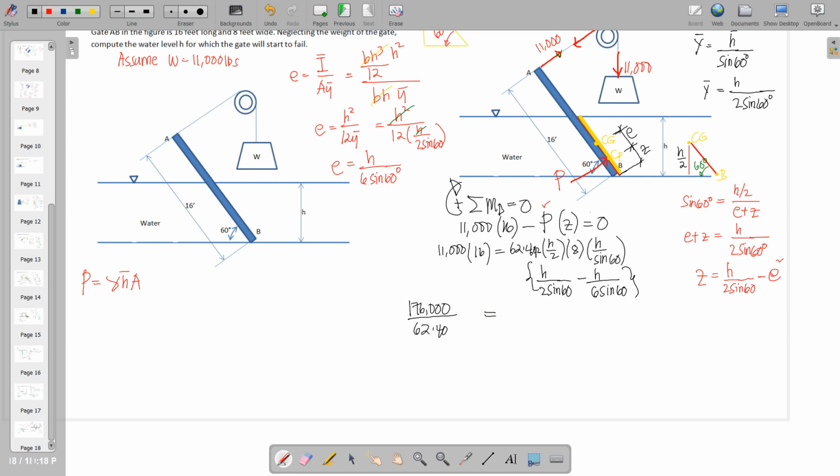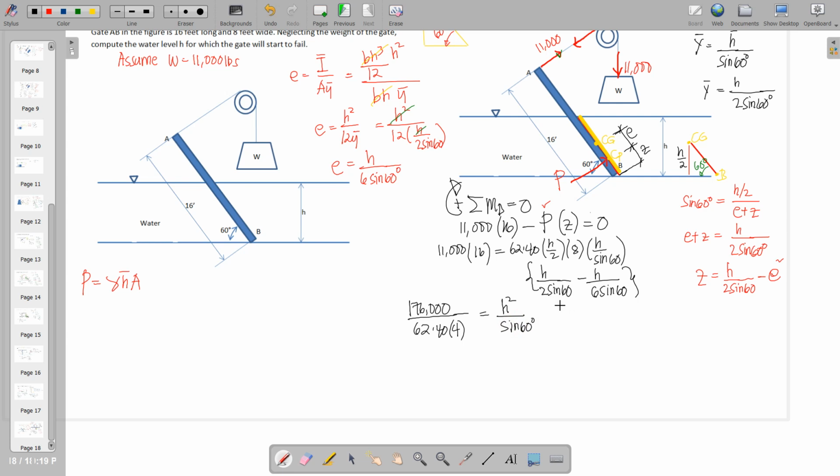So we vanish this one, we divide it to this, and then 8 over 2 is 4. We also divide both sides of the equation by 4, and then we will have this one, H squared, H times H, that is H squared all over sine of 60 degrees.